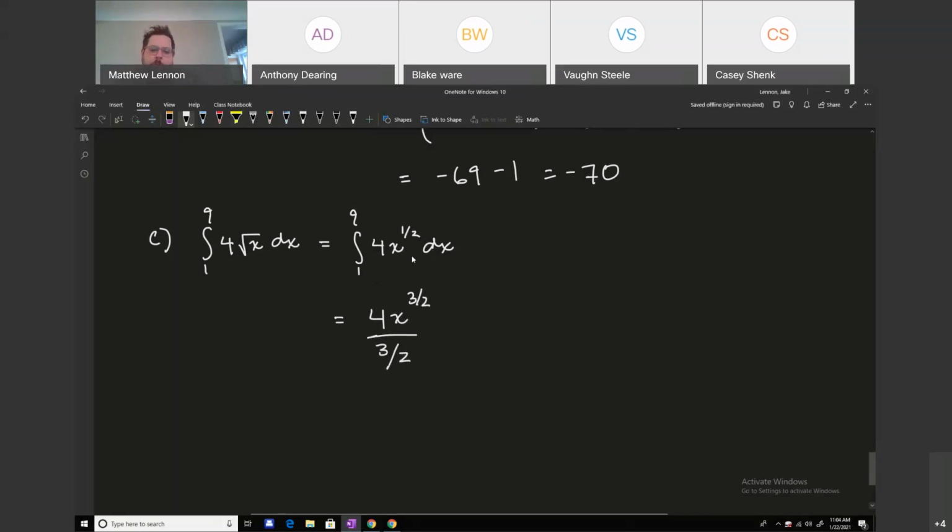And remember, whenever you're dividing by a fraction, it's exactly the same thing as multiplying by its reciprocal. So instead of writing divided by 3 over 2, I'm just going to multiply by 2/3. That means exactly the same thing, right? 1 over 3 over 2 is exactly equal to 2 over 3. So that's all I'm doing there.